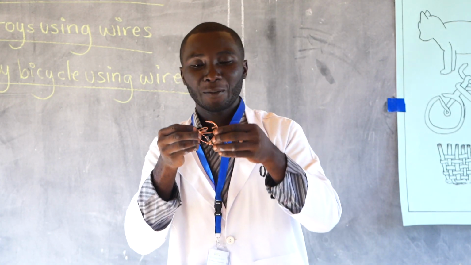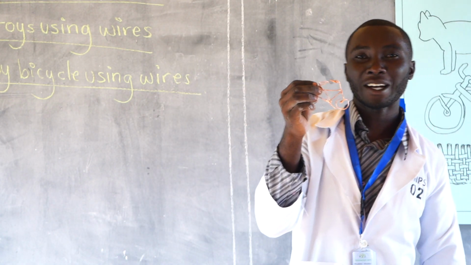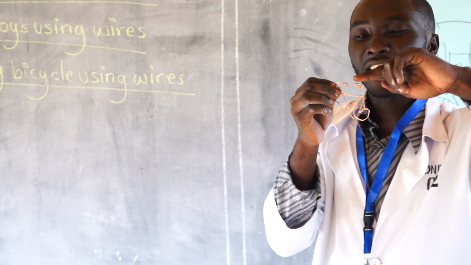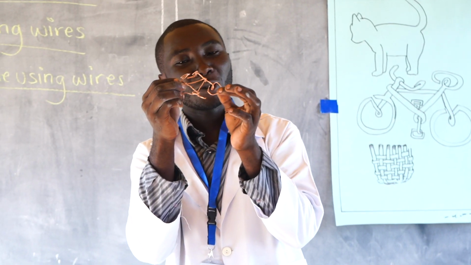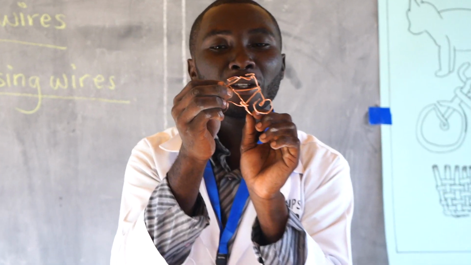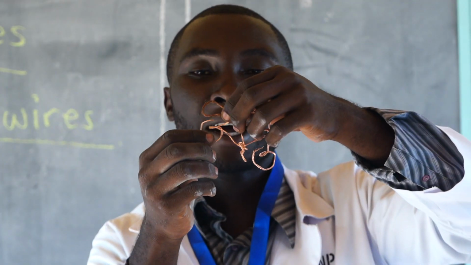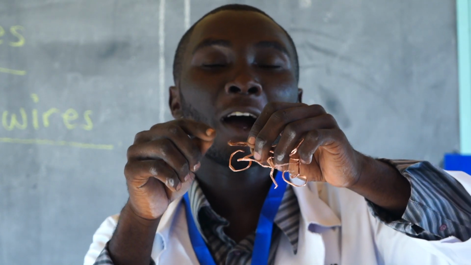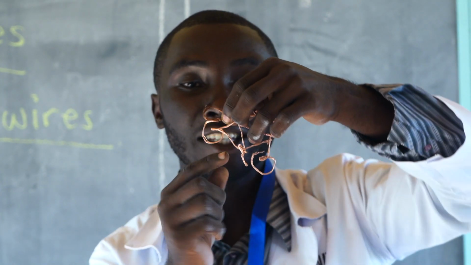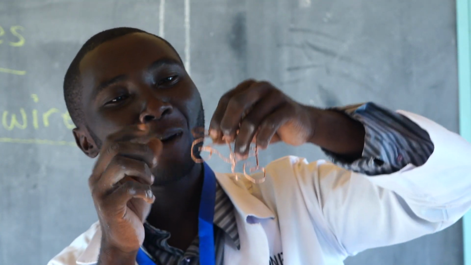Okay, at this step, you can see that our toy bicycle is having a handle, is having a front wheel, we are having a pedal, we are having a seat, we are having a back wheel, even our carrier, in addition with the chain of our toy bicycle.